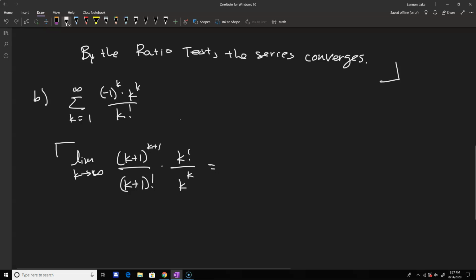So the obvious simplification we can make is we can cancel k factorial and just leave a k plus 1 on the bottom. So what we're actually looking at here is the limit as k goes to infinity of k plus 1 to the k plus 1 over k plus 1 times k raised to the k. So if we look at this, they aren't too far off.